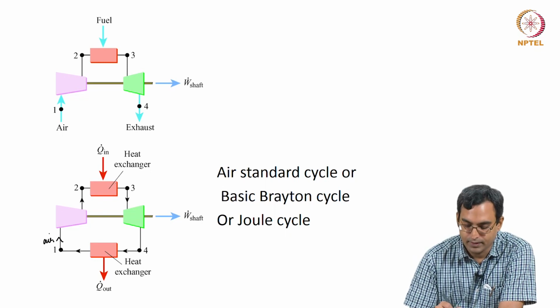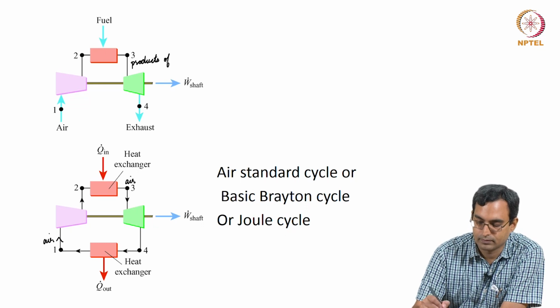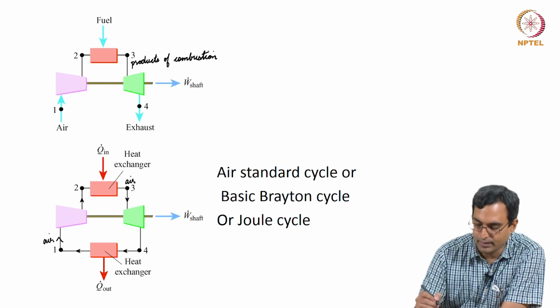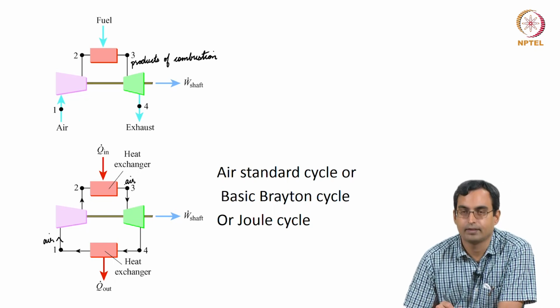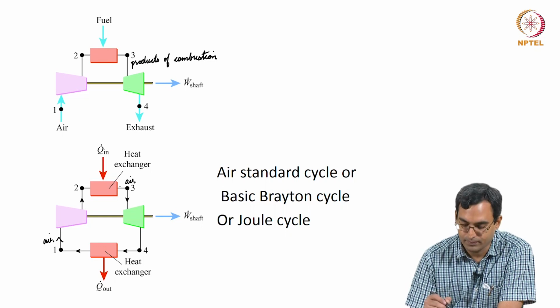So, at the end of the heat exchanger we are still left with air, whereas in the real case we would have had products of combustion. So, in our air standard Brayton cycle, we are still left with air after heat addition. So, this is heat addition instead of combustion.